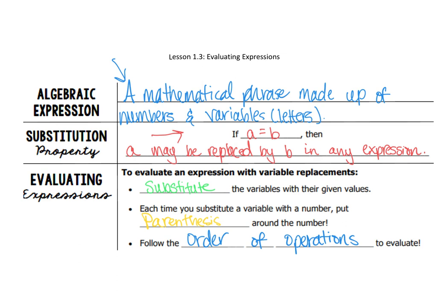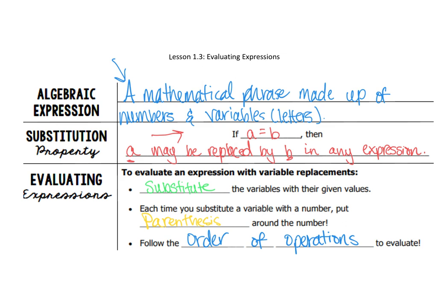We're using substitution property. It says if A equals B, then A may be replaced by whatever B is equal to in any expression. So that's just a way of saying, whatever value or number is assigned to a letter, we're allowed to substitute or plug it in for that letter and solve.